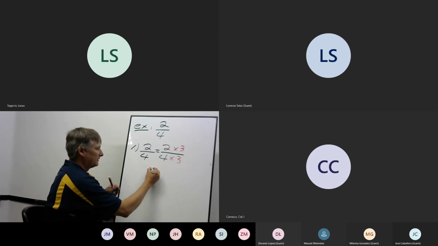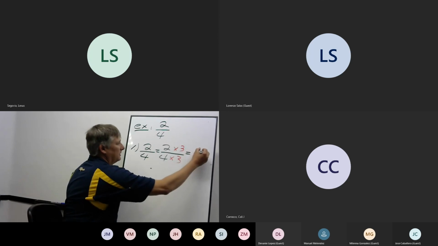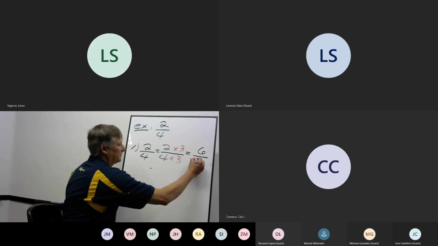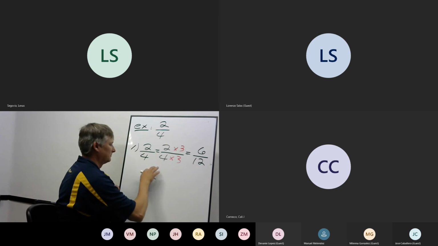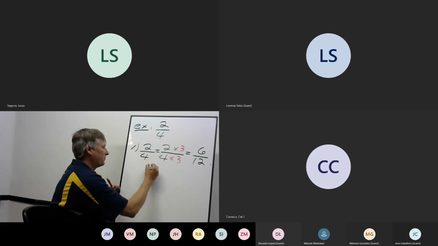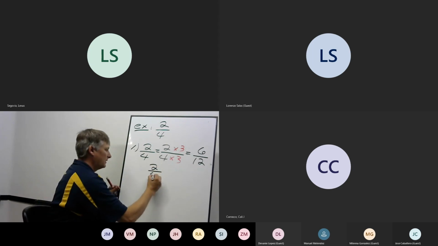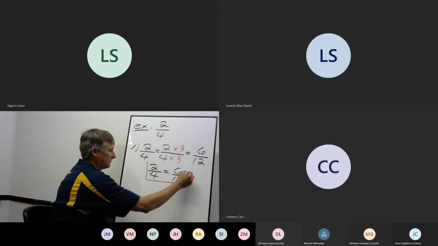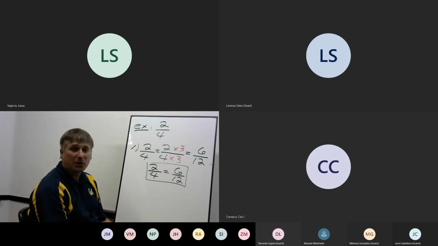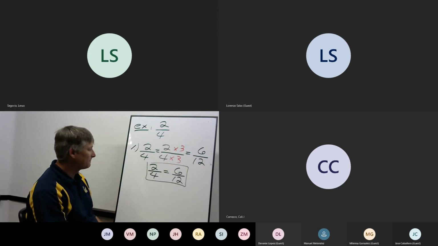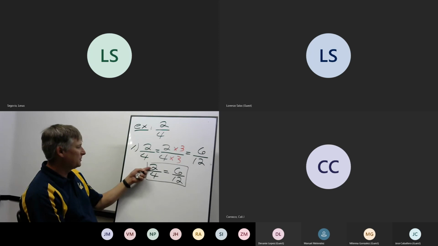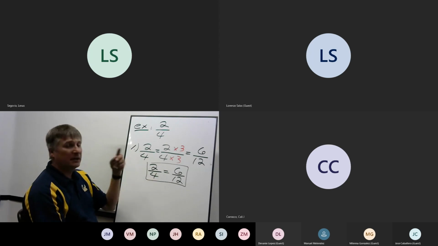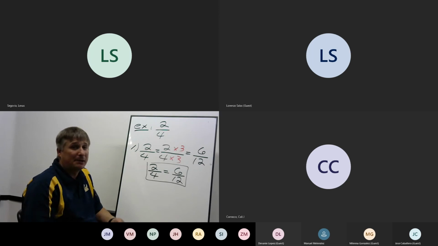Well, if we do that, we'll get 6 out of 12. So we find that 2/4 equals 6/12. Those are equivalent fractions. And you can see this. Half of 4 is 2, half of 12 is 6. They mean the same idea.